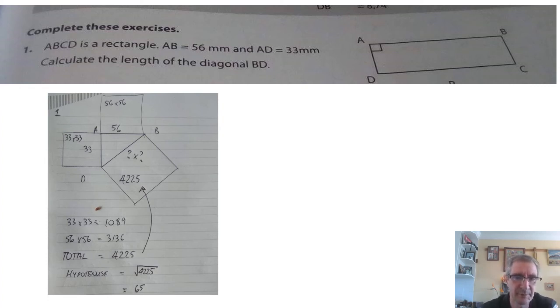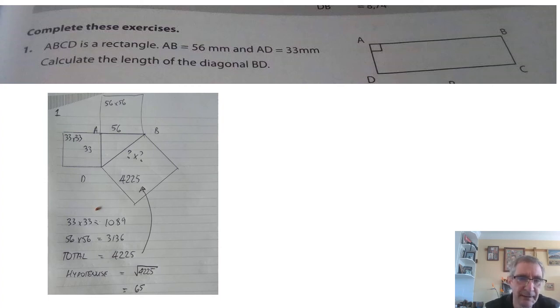And now we do a little bit of maths. So the area of the square on AD is 33 times 33, which is 1089. The area of the square on AB is 56 times 56, which is 3136. Both of those you can use your calculator.